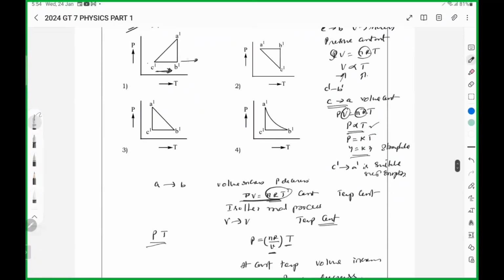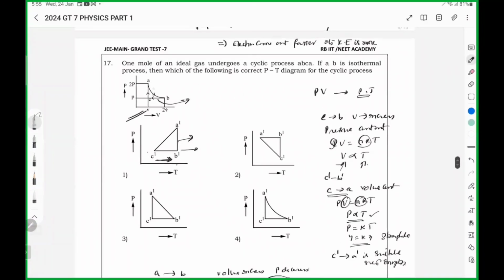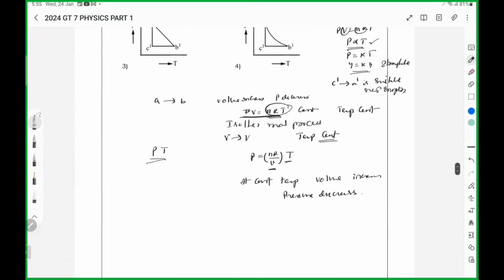If you observe this graph at constant temperature, volume is increasing from A to B, so pressure must decrease.